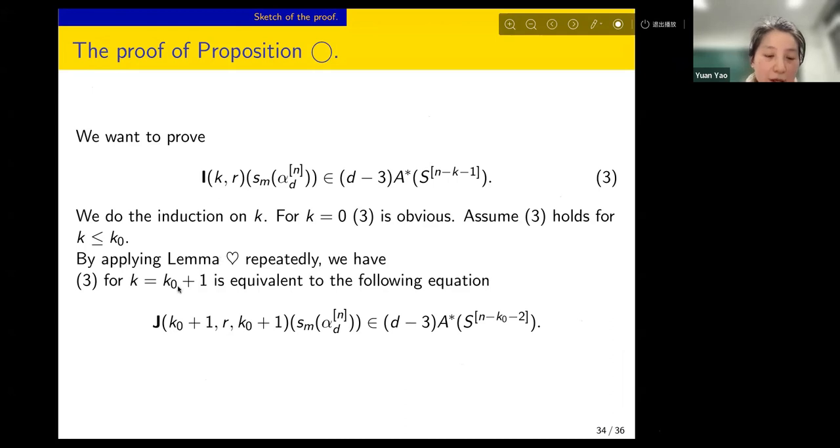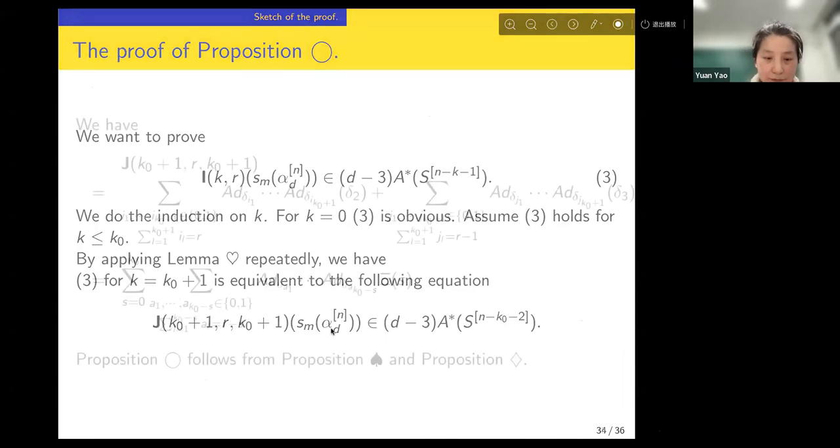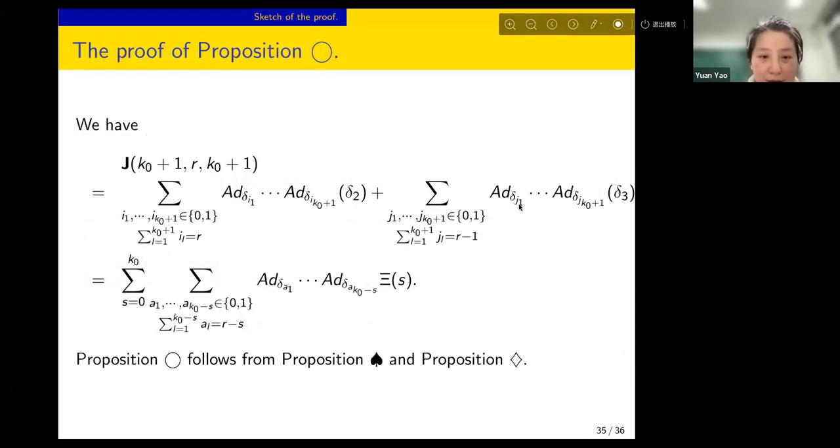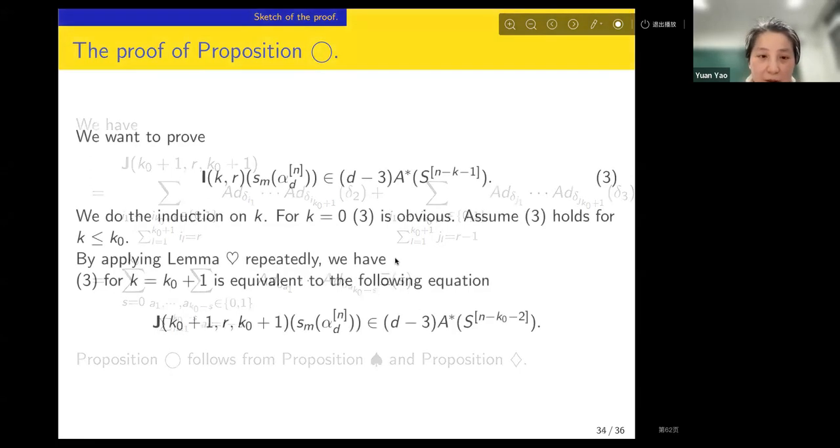So now we do the induction. We prove this equation, and we write it down. By definition we have this, and here we have this chi_s. It's C_s, and C_s is what we like; we said C_s is a very good operator.